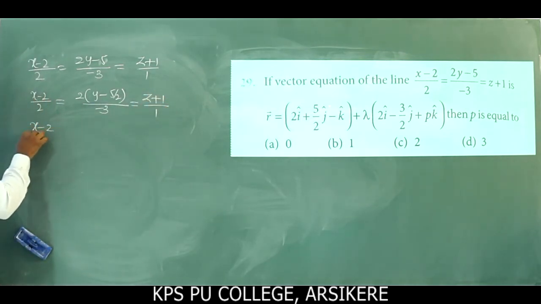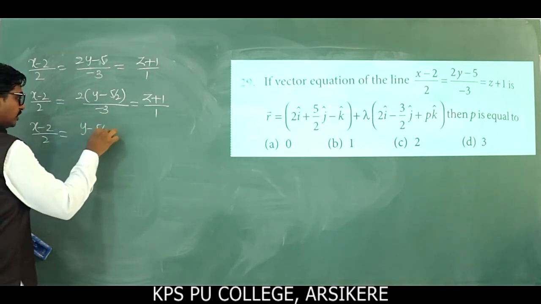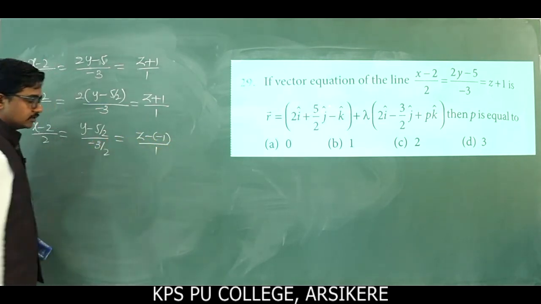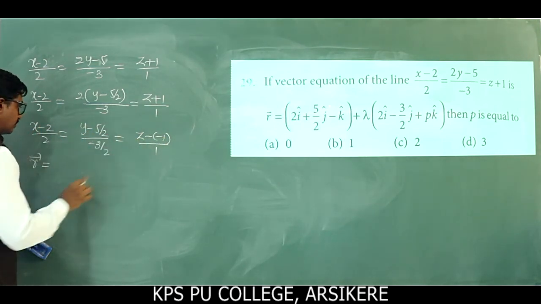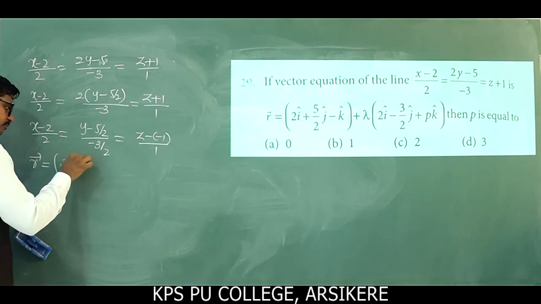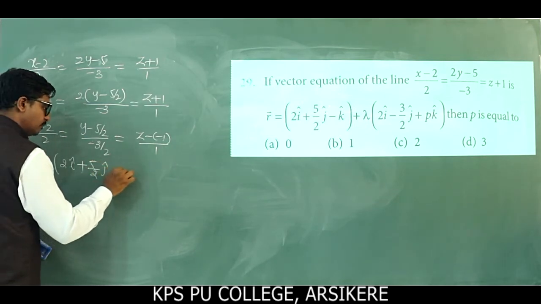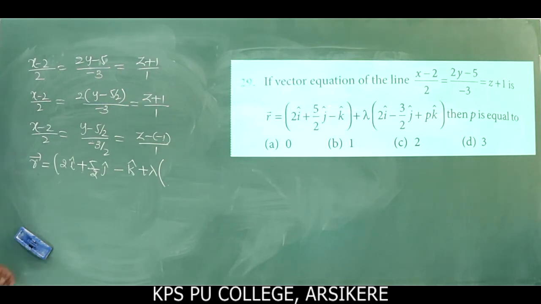This is (x - 2)/2 is equal to, taking 2 to the denominator, (y - 5/2)/(-3/2) is equal to (z - (-1))/1. Tell me, what will the corresponding vector equation be? The vector equation is r = a + lambda b. Here a is nothing but x1, y1, z1: 2 into i cap plus 5/2 into j cap minus k cap, plus lambda into vector b, which is a into i cap plus b into j cap plus c into k cap.